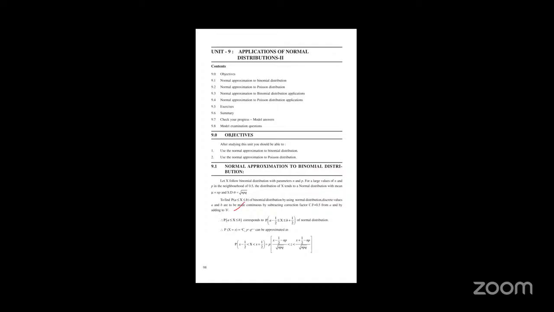Therefore, the probability of a less than or equal to X less than or equal to b corresponds to subtracting half from a and adding half to b. So here minus half and here plus half for the normal distribution.